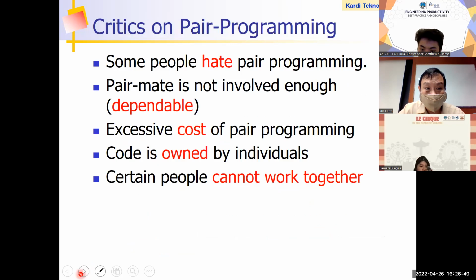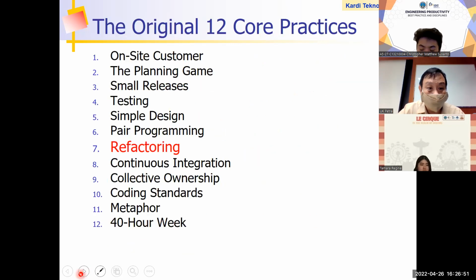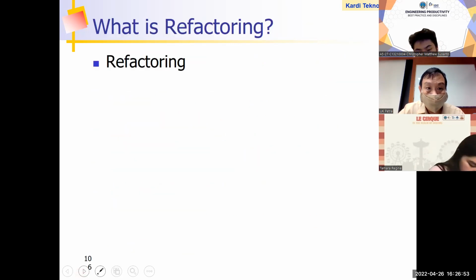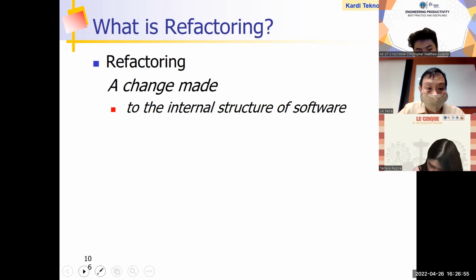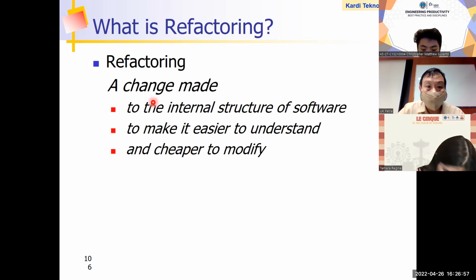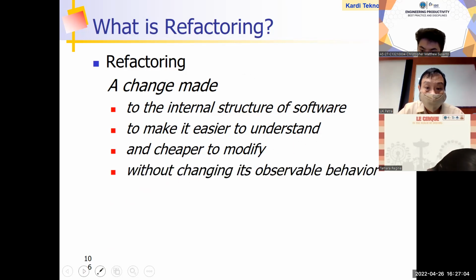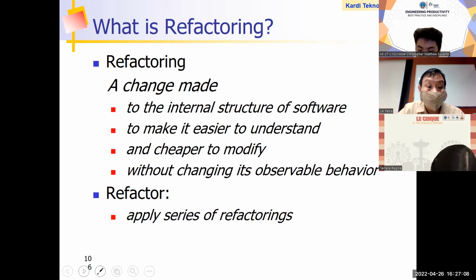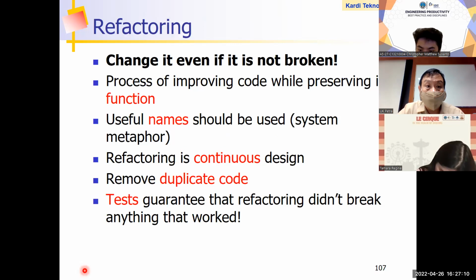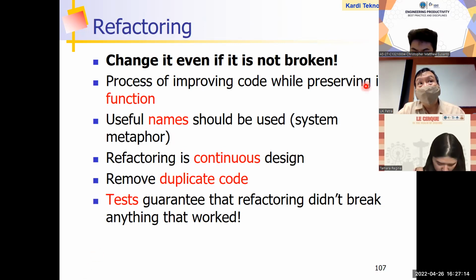Okay then. So I think the rest you can read by yourself. I think it's really simple, right? What is refactoring? That means the changes that you make to the internal structure of the software to make it easier to understand and cheaper to modify. Yeah? So basically, refactoring represents the design. Okay. So you change it even if it's not broken. Even if there is no error, you still need to change. Yeah, use useful names.